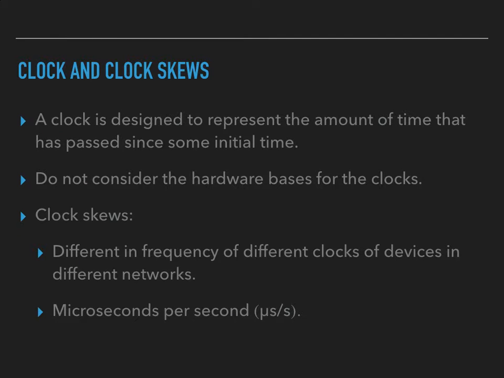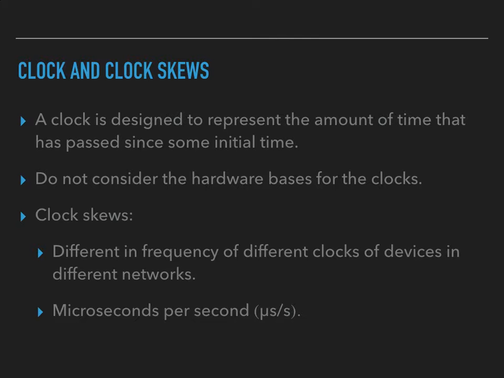And now, the clock and the clock skew. A clock is designed to represent the amount of time that has passed since some initial time. And clock skew is used to create a unique fingerprint for the device. The clock skew is the first derivative of offset with time.